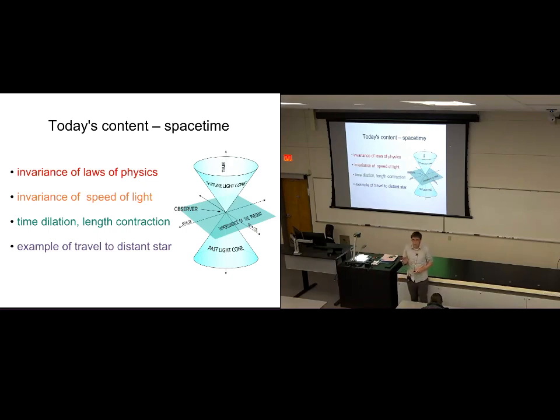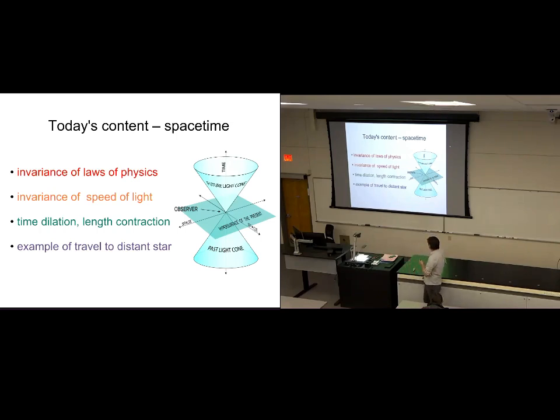Today's class, I want to cover these bullets on the overhead. I want to introduce relativity, and space and time in relativity. We'll start by looking at the foundations of relativity.